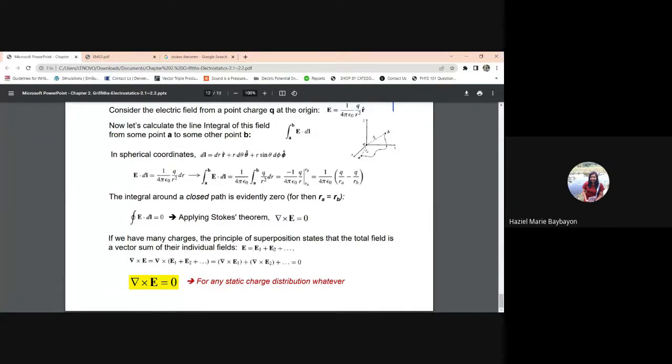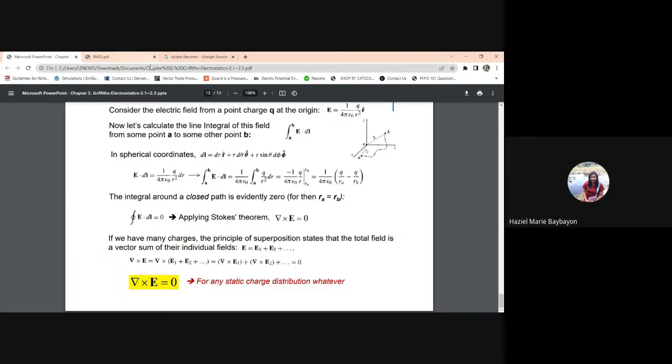As you learned in our previous discussion, the curl of a gradient is always equal to 0. Right? So the electric field can be expressed as a gradient of some scalar function.